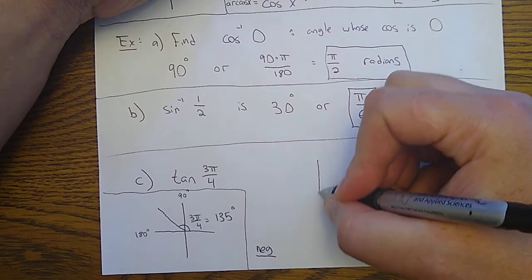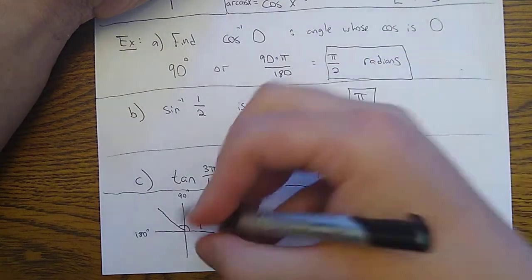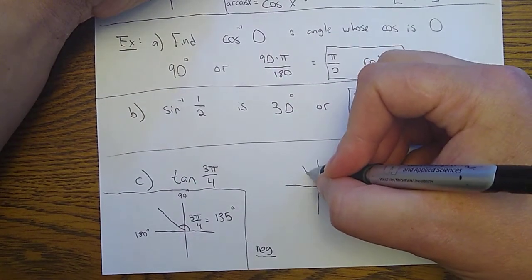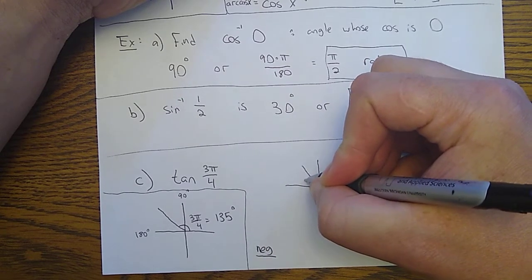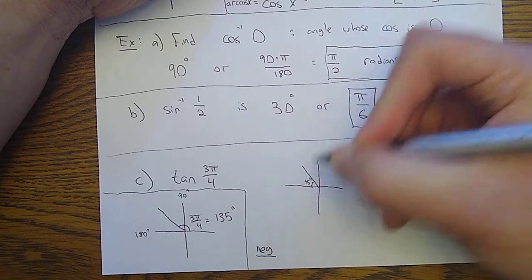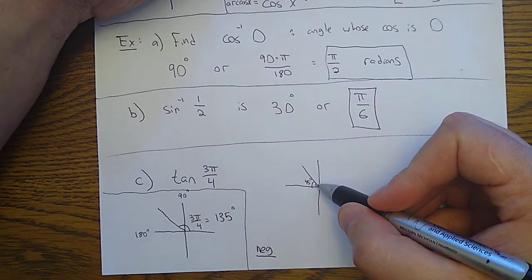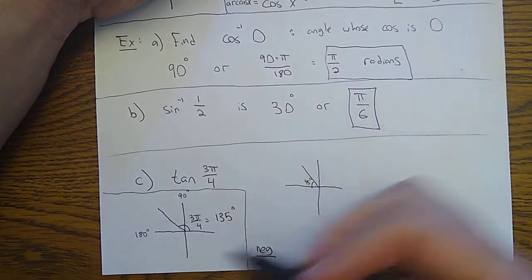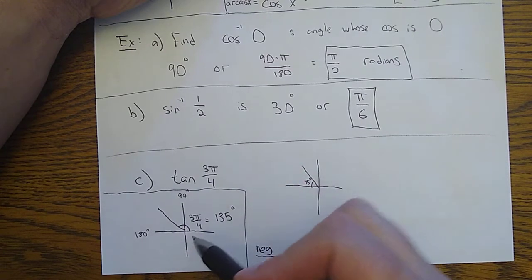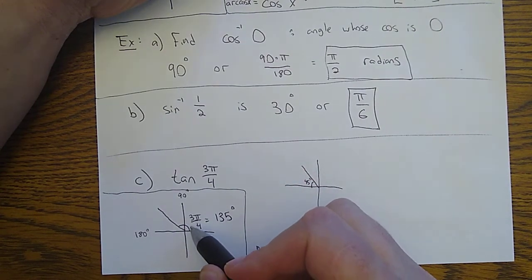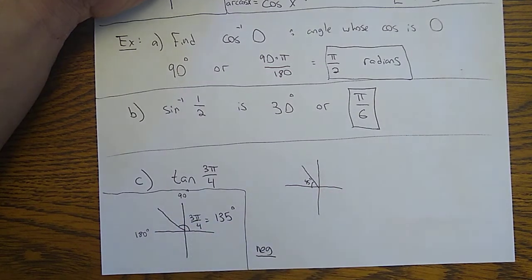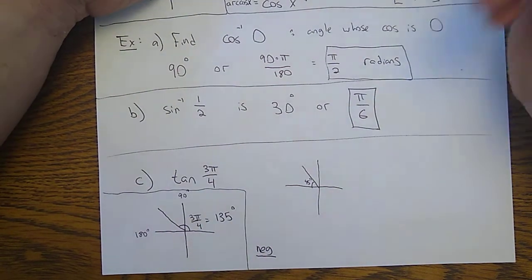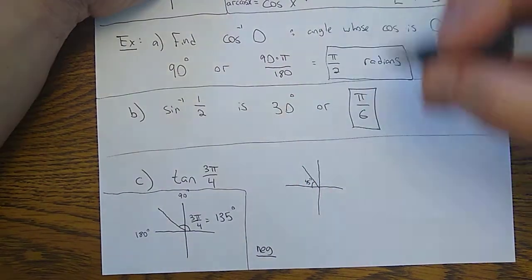I'm kind of just drawing the same picture, but with a bit less going on here. I'm drawing the reference angle, meaning normally we measure the angle from the positive x-axis, but if it's in a different quadrant, then you might measure it off of the negative x-axis and call this your reference angle.